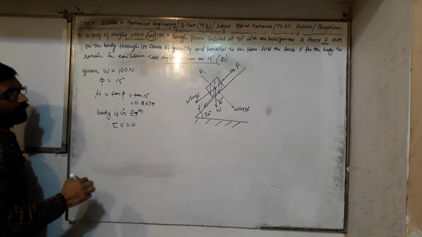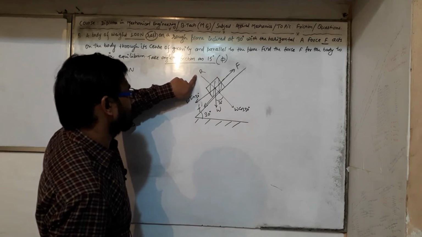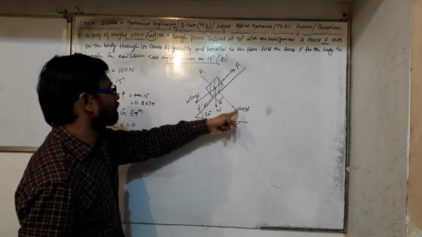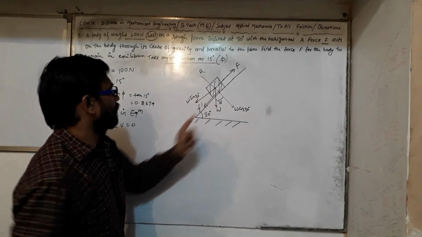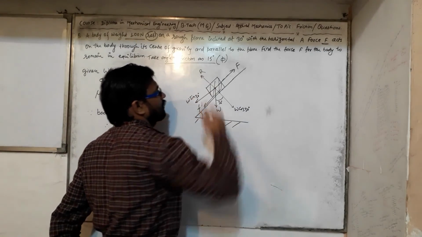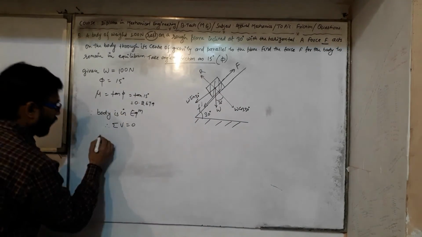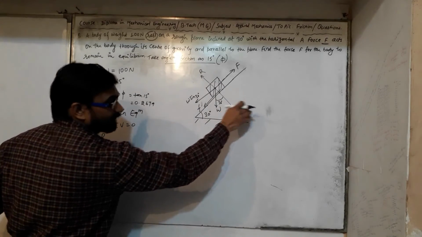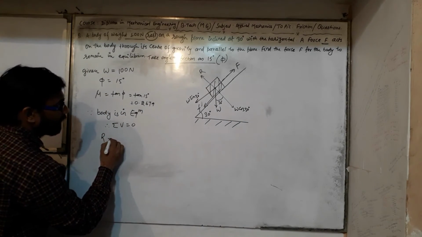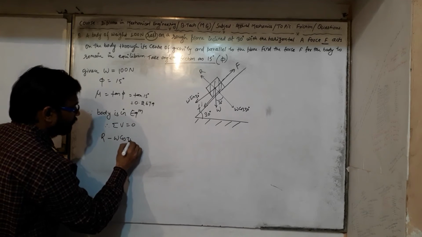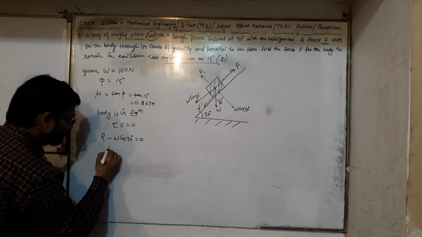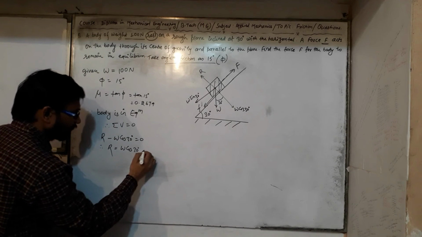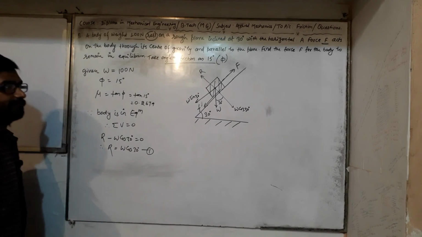Now there are two forces, one is R, normal reaction, and the other is W cos 30 degree, which both are acting along the line of action but opposite to each other. Therefore R, if I am taking upward as positive, then this force would be in negative direction. So R minus W cos 30 degree is equal to 0. Therefore can I say R is nothing but W cos 30 degree. Let us say it is equation 1.